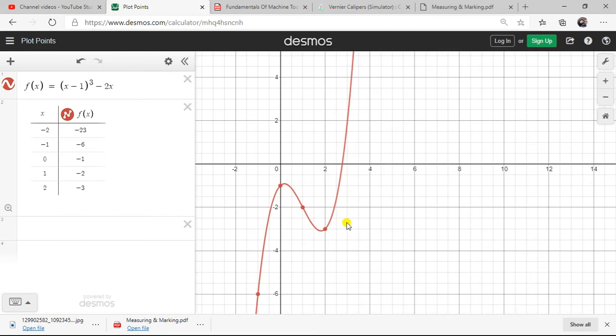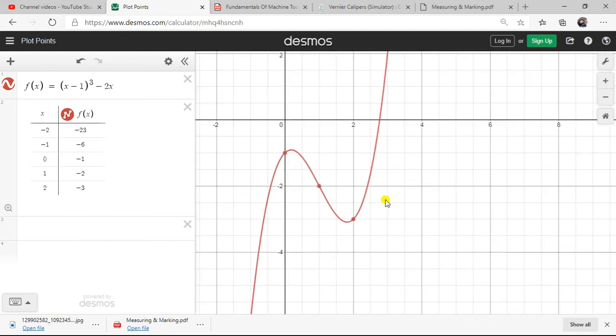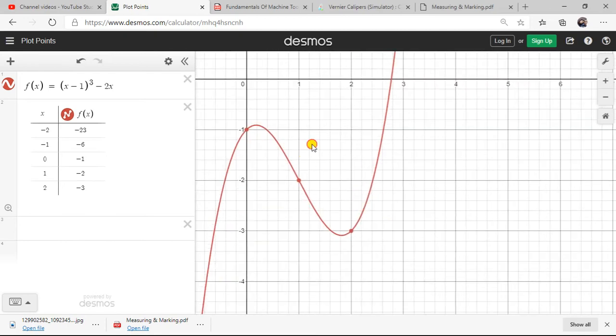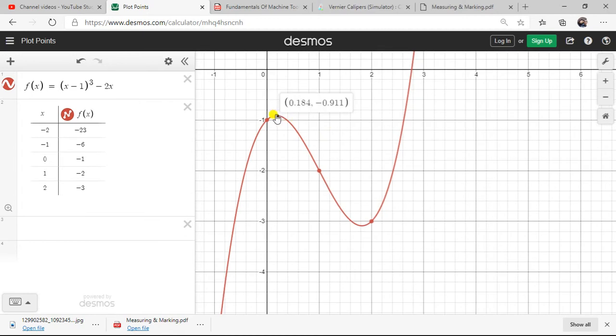Now in a cubic function, this situation can occur. So here we have a maximum point. As you can see, this is the maximum point of our cubic function before it decreases.